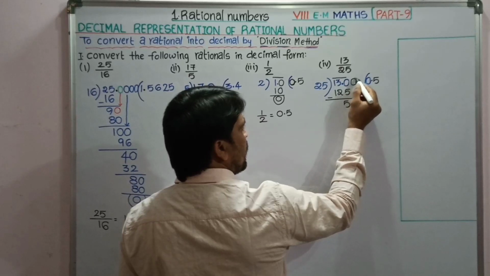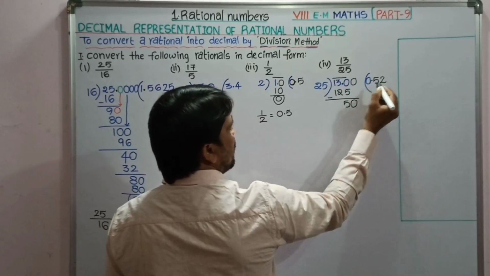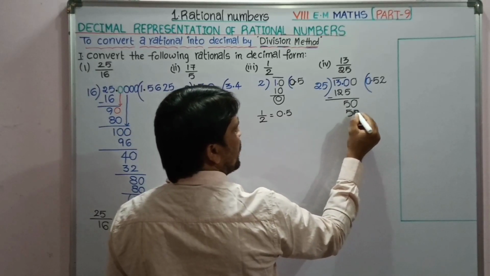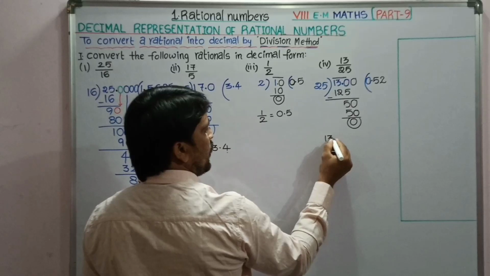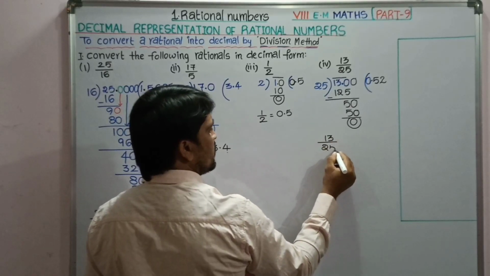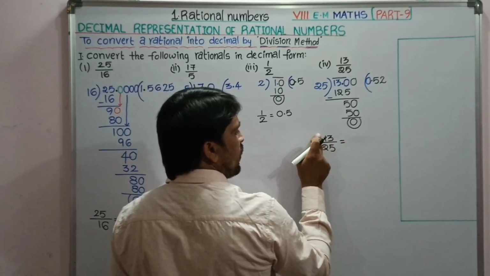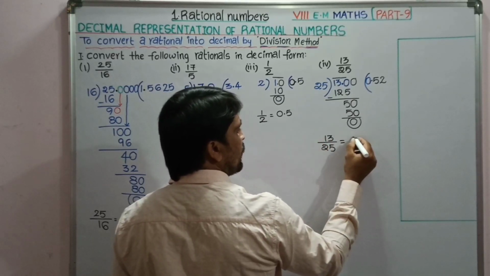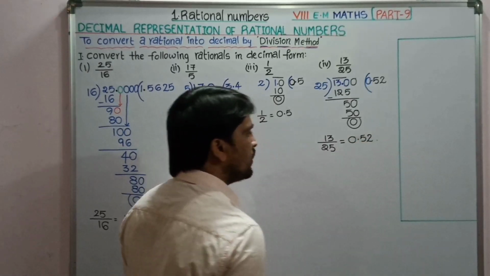Put a 0 here and drop the same 0. 25 2s are 50. The remainder is 0. So the decimal form of 13 by 25 is 0.52.